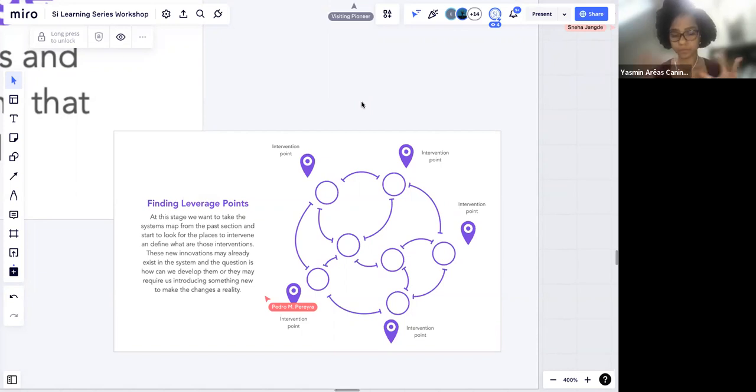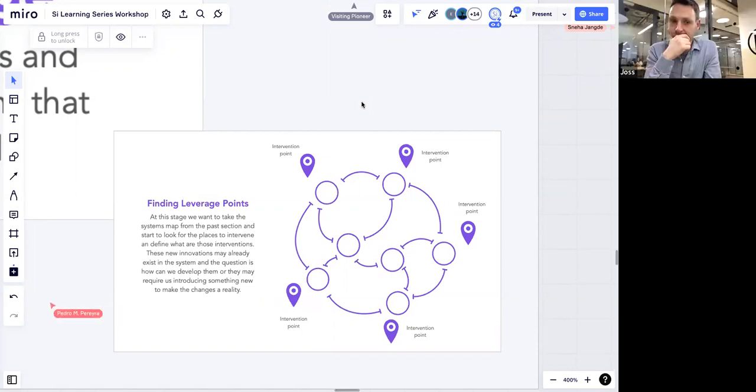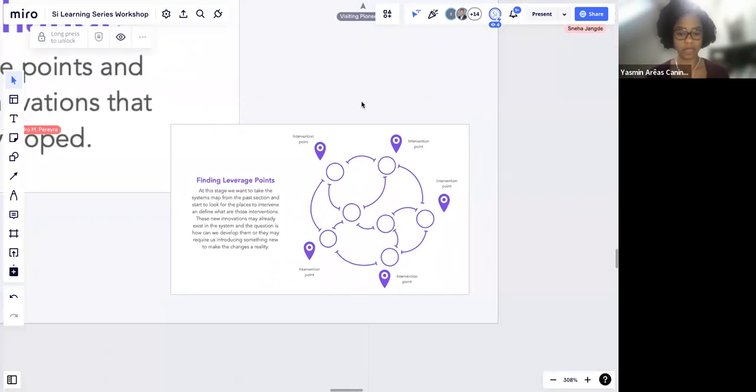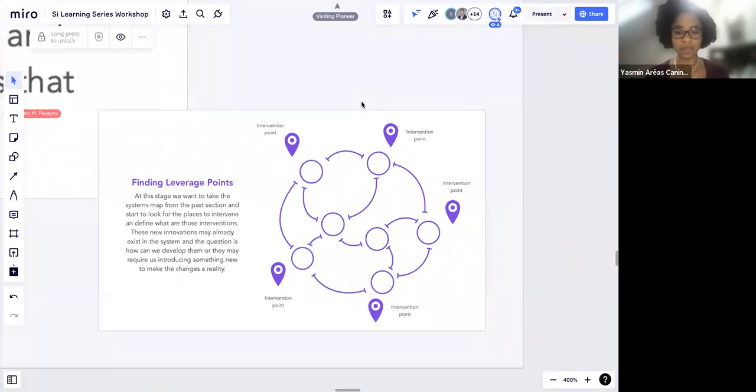So here, we're not talking about, let's say, recreating the wheel, right? We want to identify where these new innovations are, bring them together, and then test and see how they are organized in a way that is going to give rise to this new system.